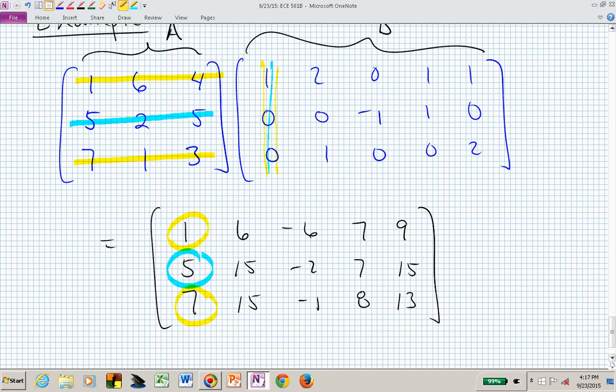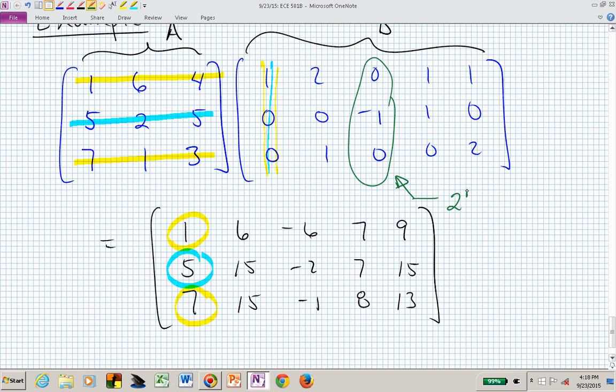That's just a duplication of the first column. Another easy one to think about is this one. If we use that same thought process, what's this third column in our result going to equal? We're not going to weight the first column. We're not going to weight the third column. All we're doing is changing the sign in the second column.